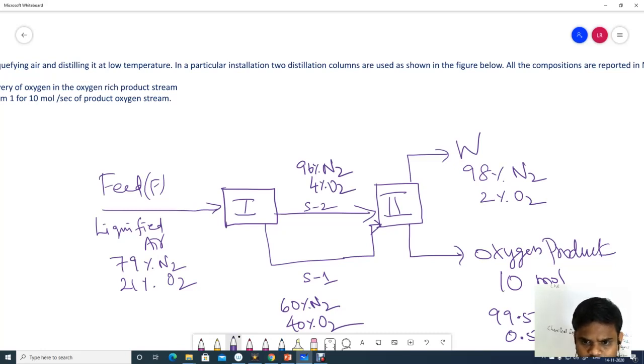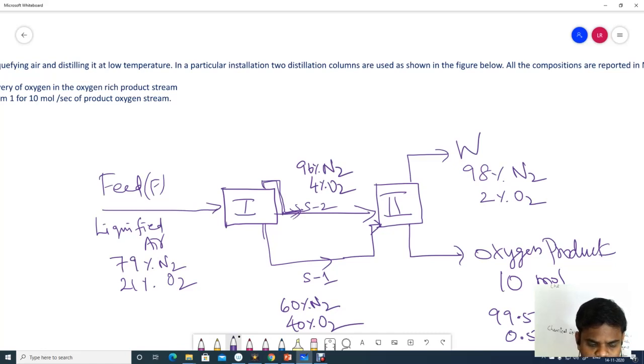Top product, so we have stream 2, which is 96% nitrogen. Top product, bottom product, right? If it is a distillation column, we have a distillate and a residue. Two streams are coming out, and again both are sent to distillation column 2.